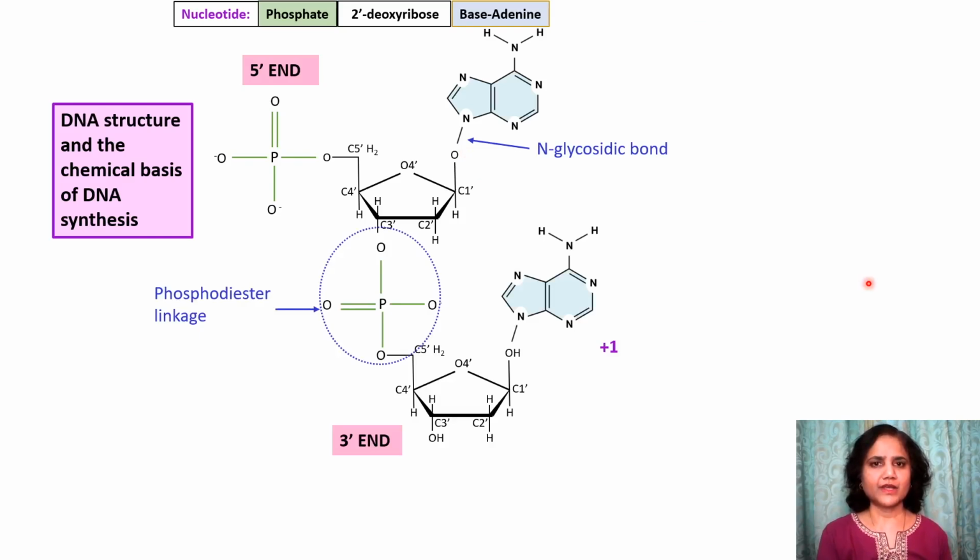In a DNA chain, another nucleotide can be added by the formation of a phosphodiester bond at the C3' of the sugar of the first connected to the C5' of the incoming nucleotide. Thus, the polynucleotides have got a free 5' phosphate and a 3' hydroxyl end.